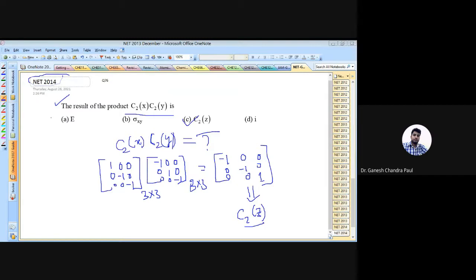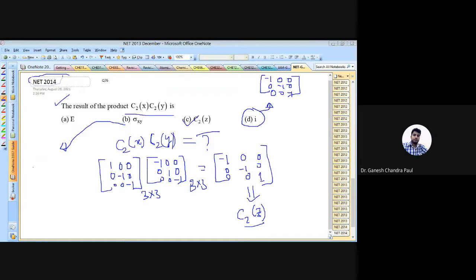Is it okay? Clear? As you know, what about the matrix representation of the center of symmetry? It is minus 1 0 0, 0 minus 1 0, then 0 0 minus 1, right? Then what about the sigma xy plane?